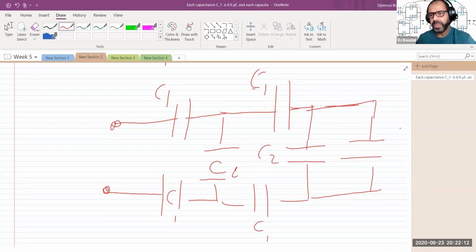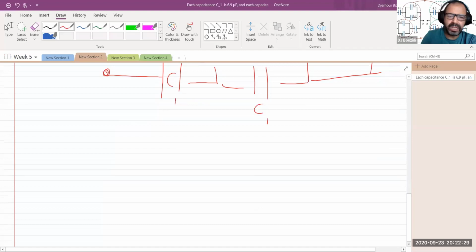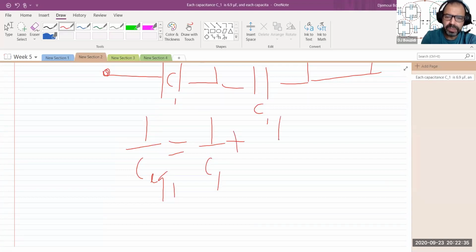So these three are no longer going to be C1, C1, C1, but they're going to have a new equivalent, which I'm going to call CEQ1. And I need to find that CEQ1 using the equation for the series. So 1 over CEQ1 is equal to 1 over C1 plus 1 over C1 plus 1 over C1.